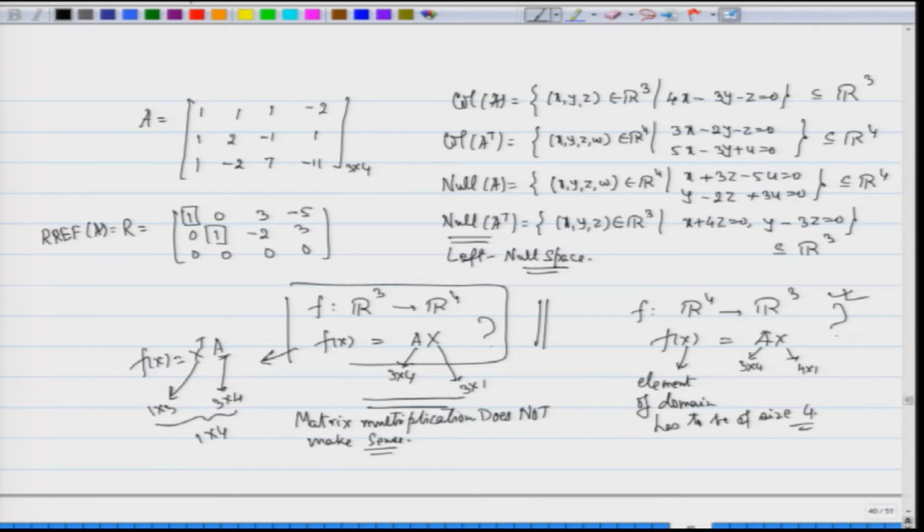Now let us look at the dimensions here. There is only one condition here, so the dimension of this space will be 3 minus 1, which will be 2. Fine. Look at this part. This is also a subset of R3. There are 2 linearly independent conditions, or there are 2 rows of the matrix that I am looking at.